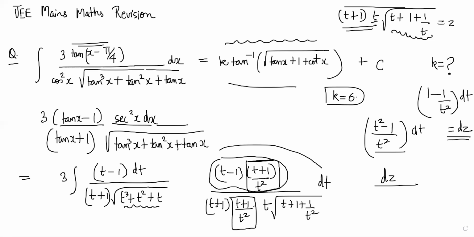And here you'll have t plus 1 whole square by t, which is t square plus 2t plus 1 by t, right? And root over z. Z is t plus 1 by t, right? So this part is t plus 1 by t plus 2, which is equal to z plus 1, right?